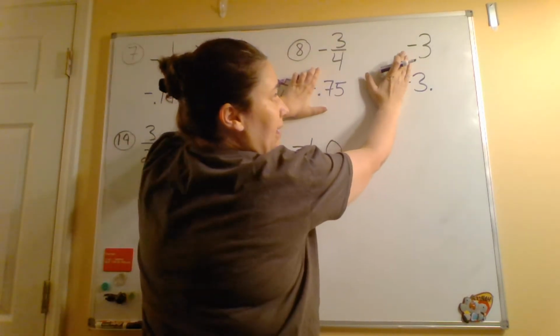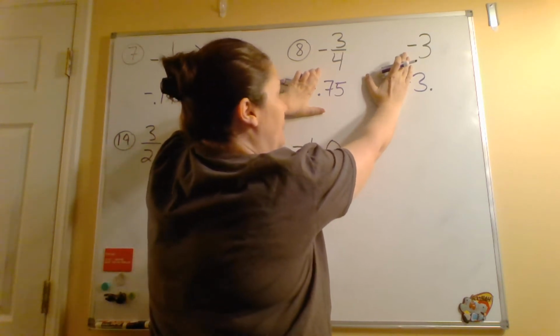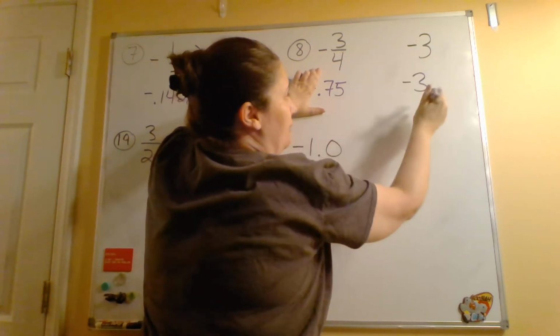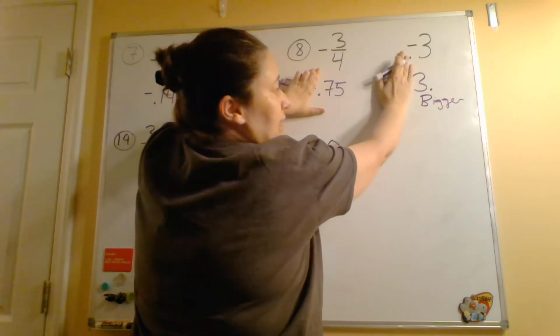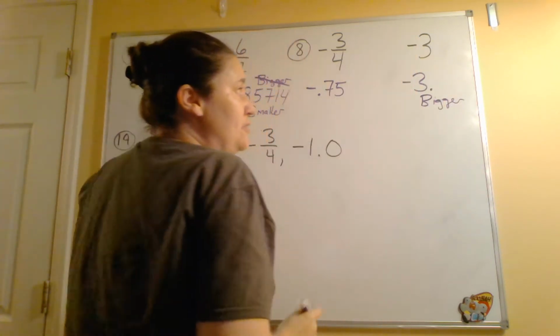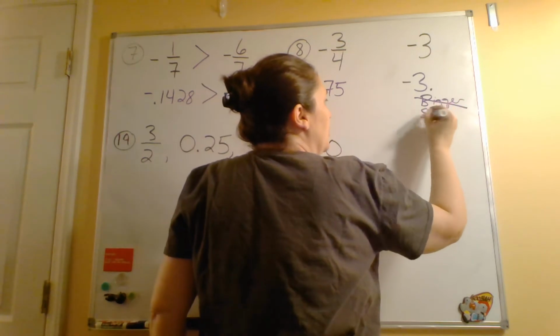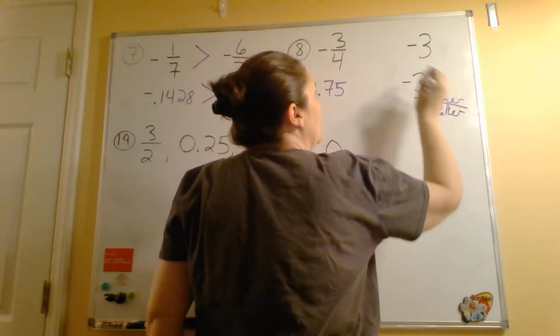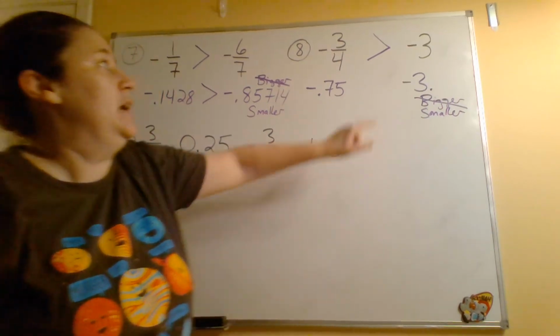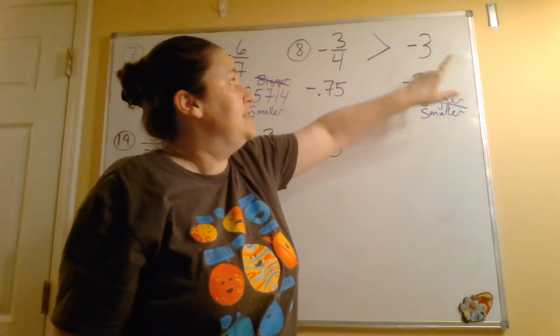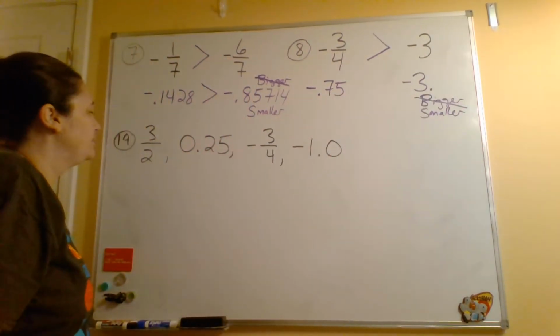Without the negative signs, 3 is definitely bigger than 0.75. So with the negative signs, the bigger number becomes the smaller number, and we will have that sign in between them again. The small side faces the small number.